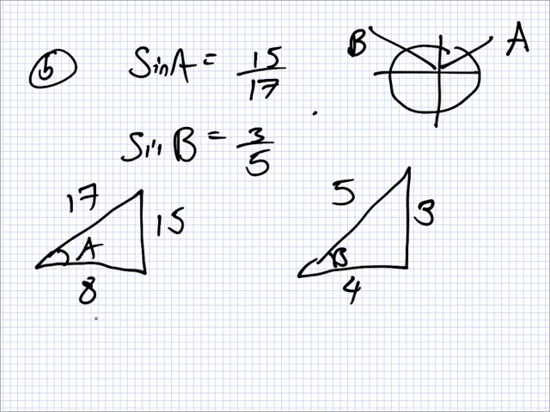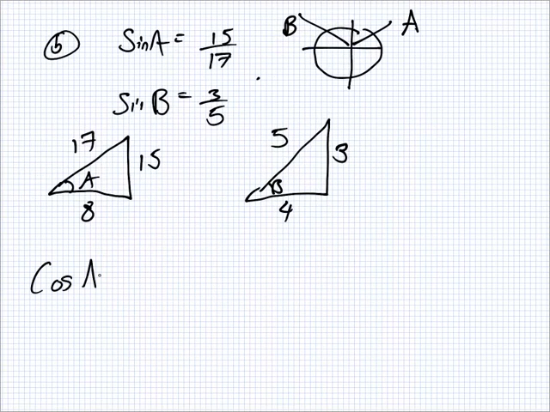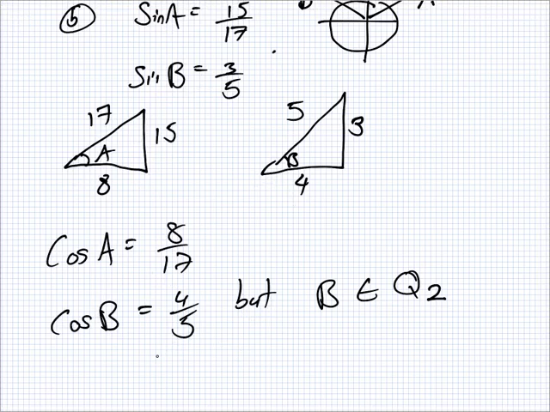So what do I want first? Cos A will be 8 over 17. What do I want next? Cos B will be 4 over 5, but B is in quadrant 2, so cos is actually negative, minus 4 over 5.